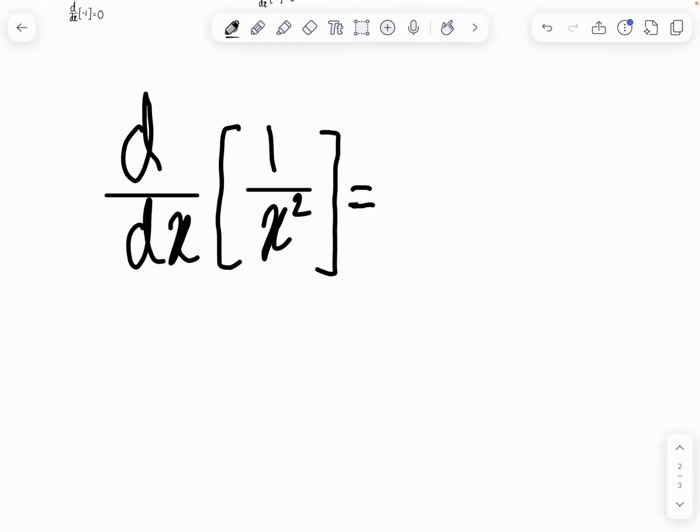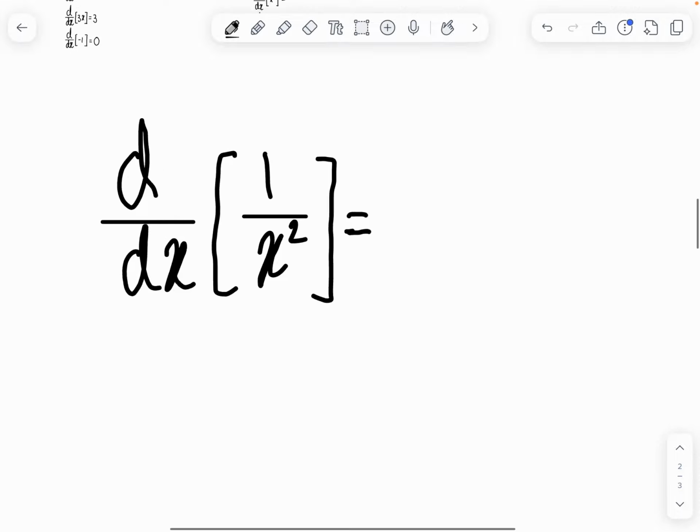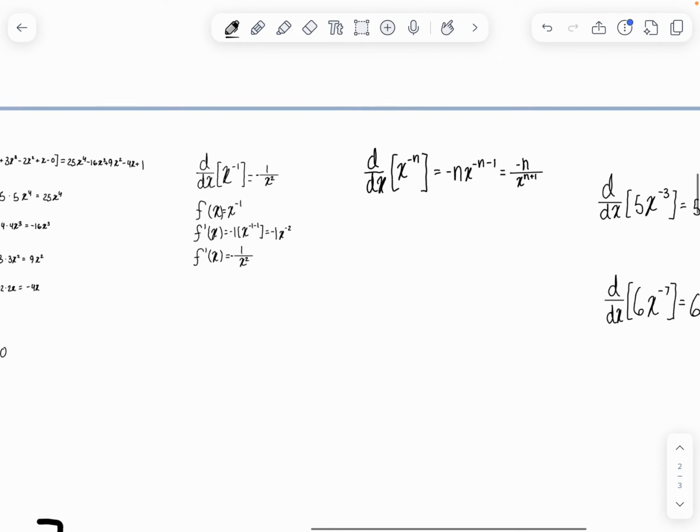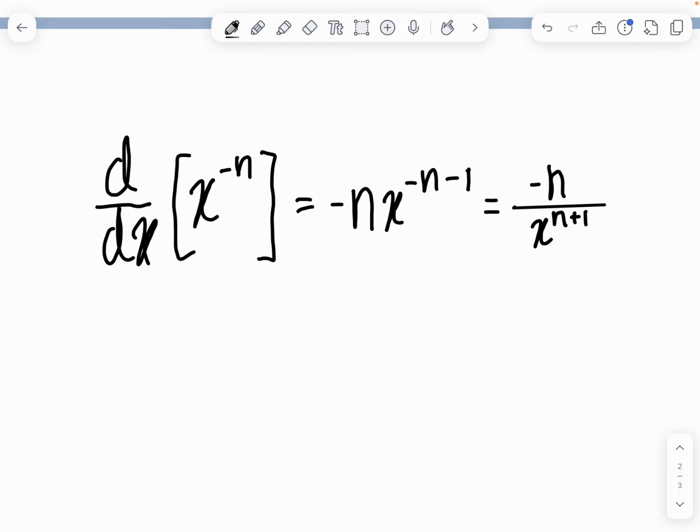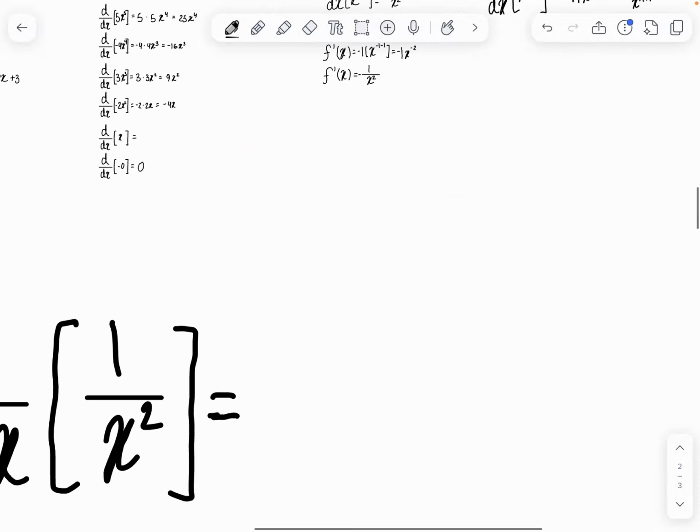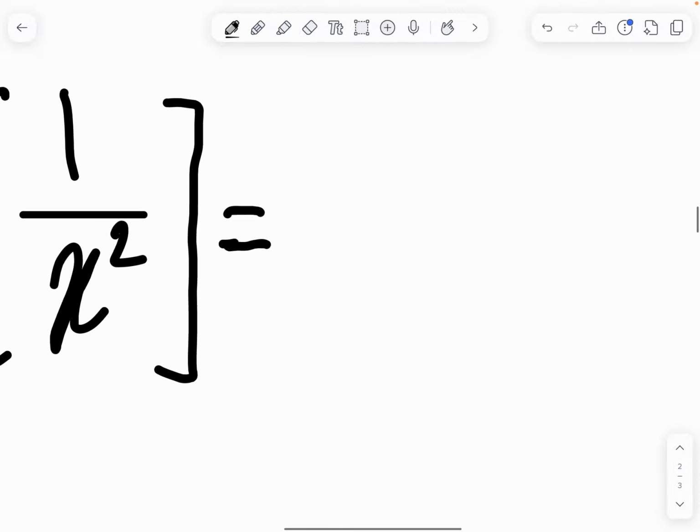Well, the derivative of any rational function is basically the same as this. If you know your exponent rules, you know that anything in the denominator, if you move it to the numerator, the exponent just becomes negative. So we can use that rule to our advantage. This becomes x to the power of -2.